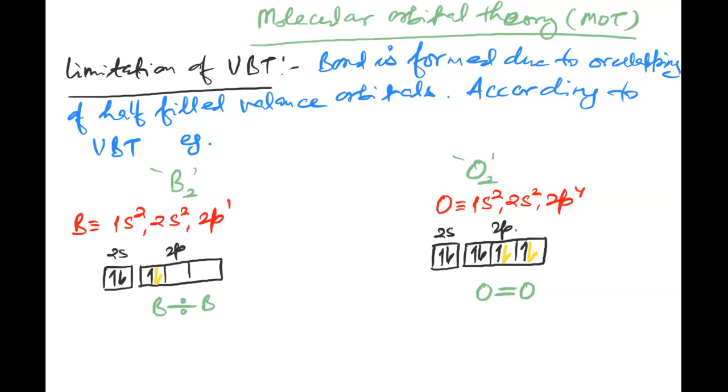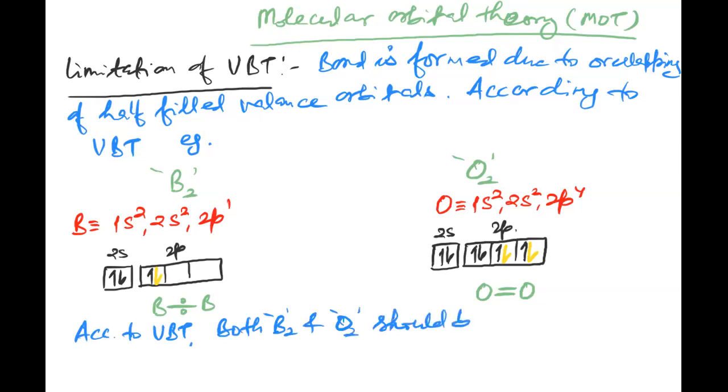So according to VBT, both B2 and O2 should be diamagnetic.